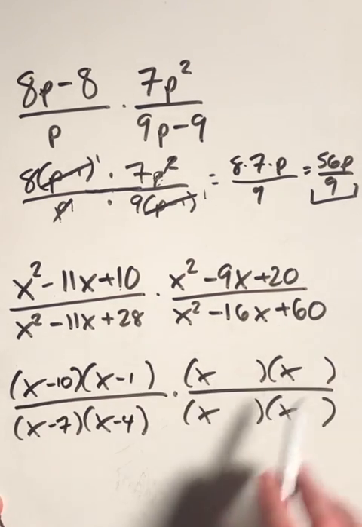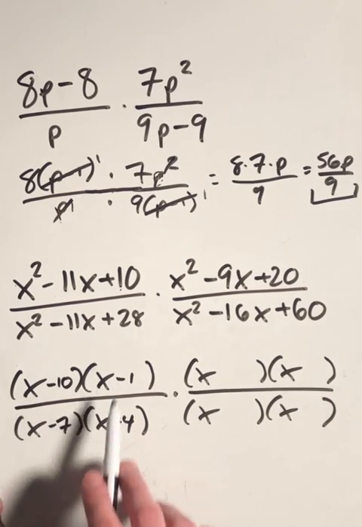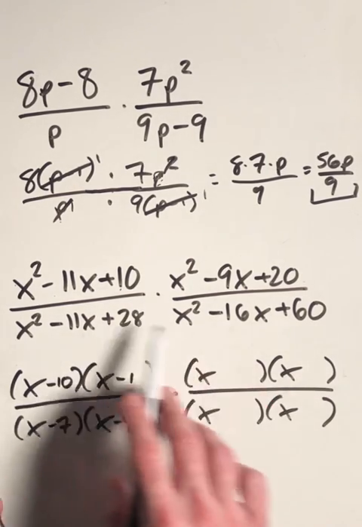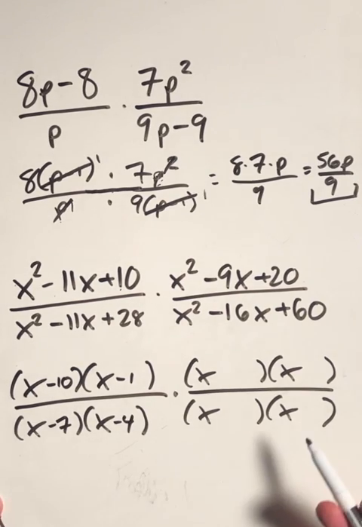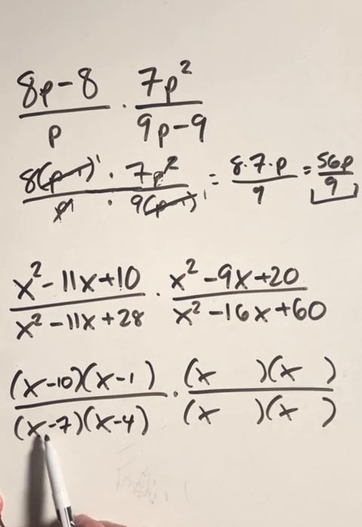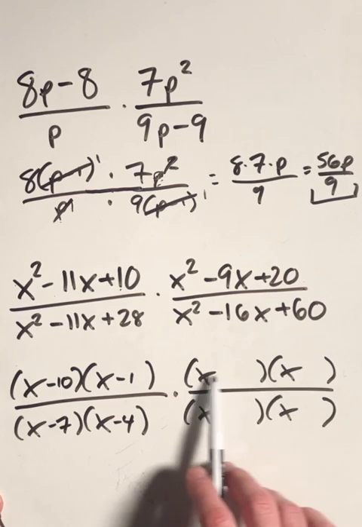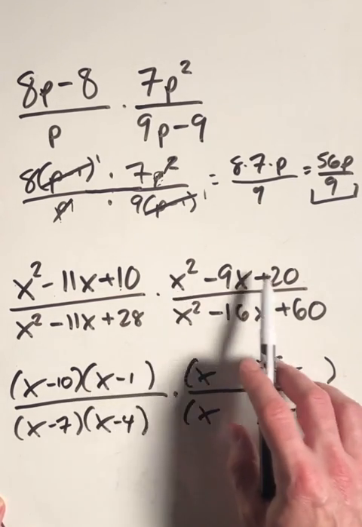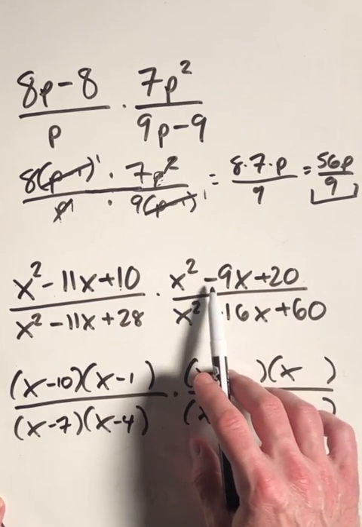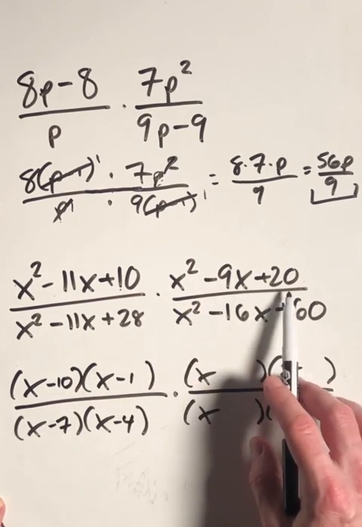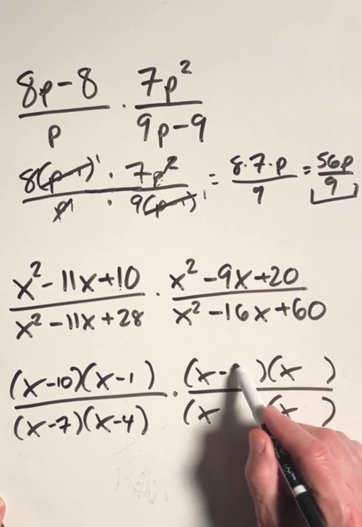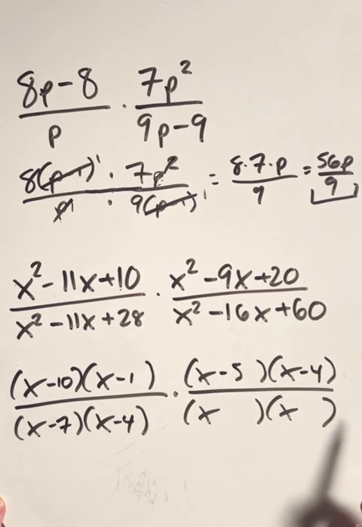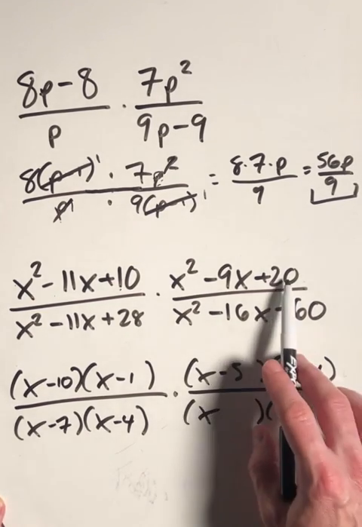Now, take a look over here. None of these were able to cancel here, but because I'm being asked to multiply two of these, I would expect there to be some canceling happening later. So look for some of these factors to appear up in here. So I'm looking for the product of 1 times 20 that multiplies to negative 9. So two numbers that multiply to positive 20 and add to negative 9. That's going to be minus 5 and minus 4, because negative 5 times negative 4 is positive 20.